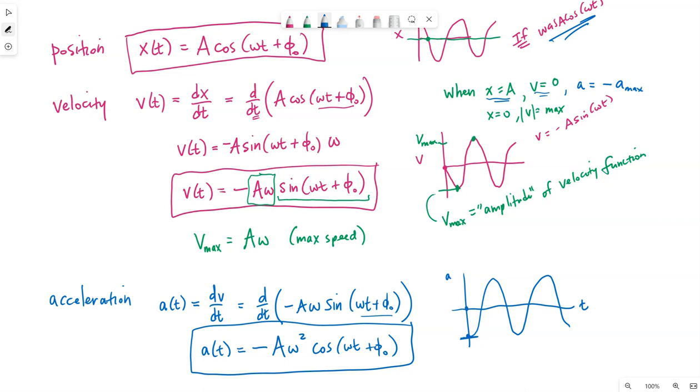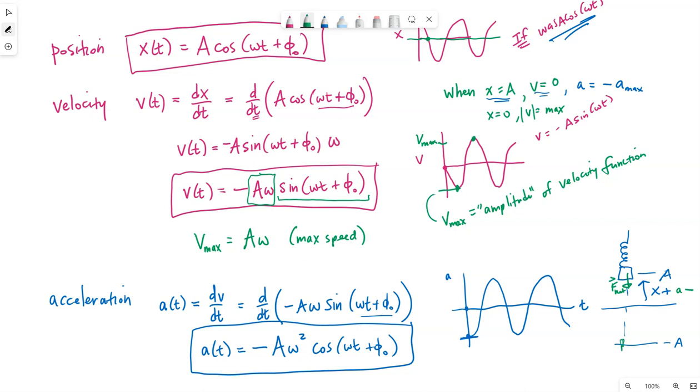If my mass is oscillating up and down, if it's at its highest point versus its lowest point, up here the position, x, is positive, but the acceleration is negative, meaning there's a net force pulling downwards on the mass.